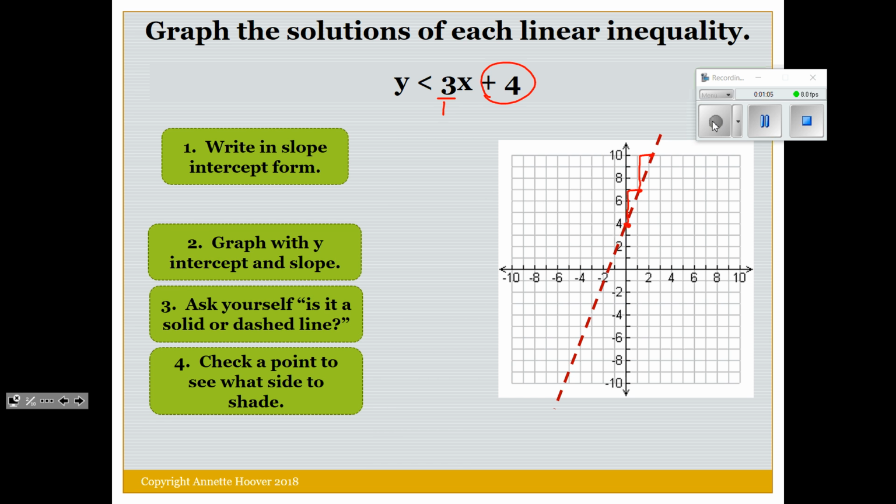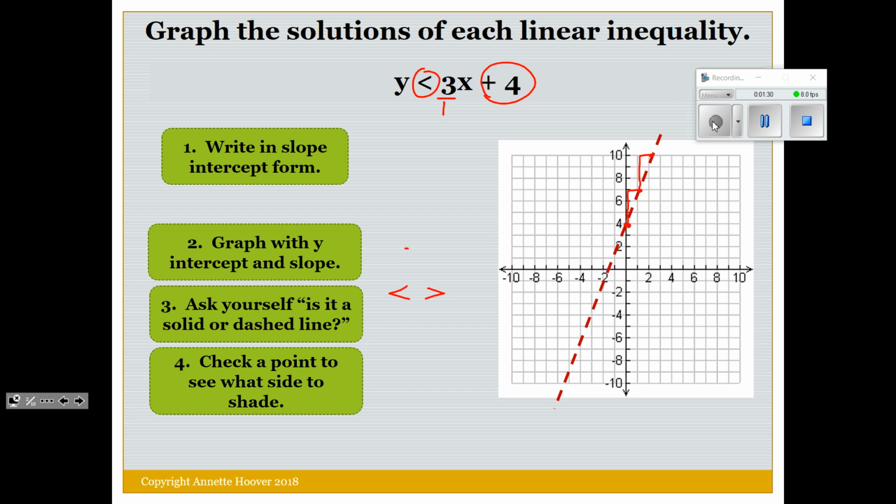Now, before you draw the line, it is either going to be a solid line or a dashed line. That is based on this sign right here. If it is less than but not equal to, it would be equal to if we added this underneath it. If it's less than or greater than but does not have equal to, it is a dashed line.